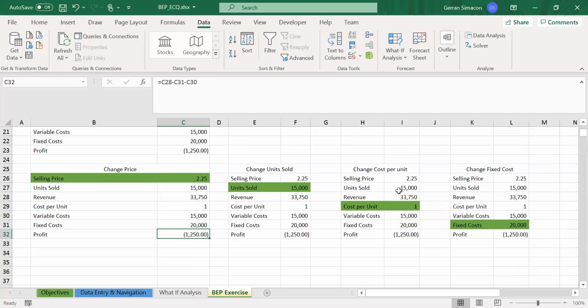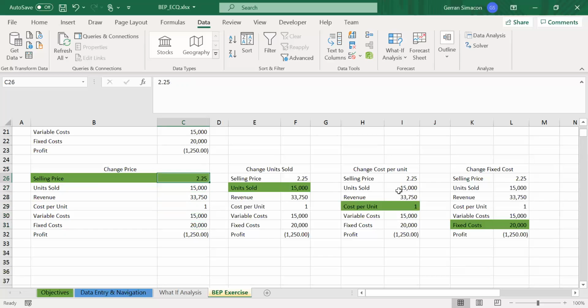Okay, so for example, we are given the units sold, the cost per unit, and the fixed cost. Let's change the number of units sold.